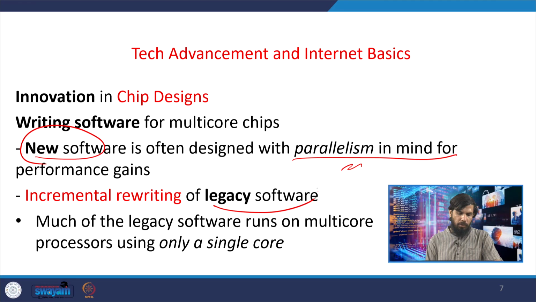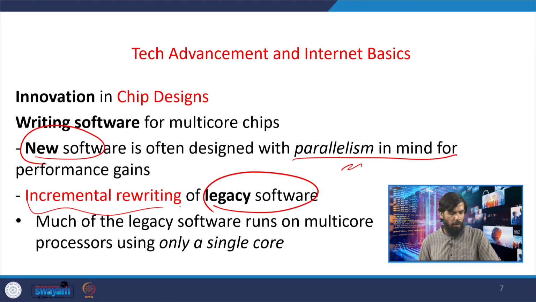For the legacy software, it is incremental rewriting that is happening, and much of the software is actually still legacy. It was written for single core chips, and that continues to be the situation.